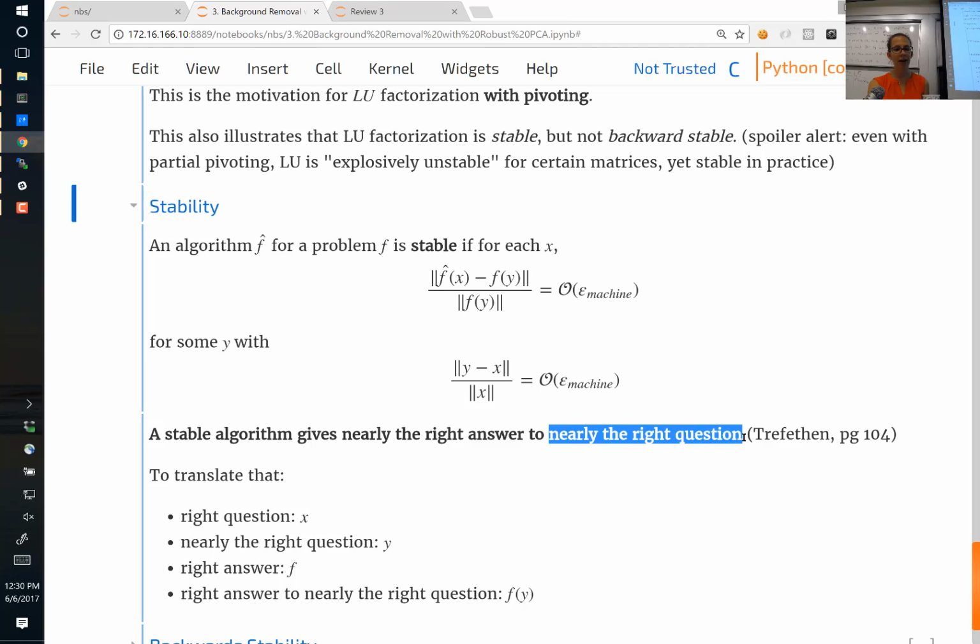Nearly the right question is Y. So X is the right question, nearly the right question is Y. The right answer is F. So the right answer to nearly the right question would be F of Y. To get what was truly the correct answer to your representation Y, which is not quite the true question X but is close, that's what's giving you the F of Y. But then we're just saying you're getting something that's close to that.